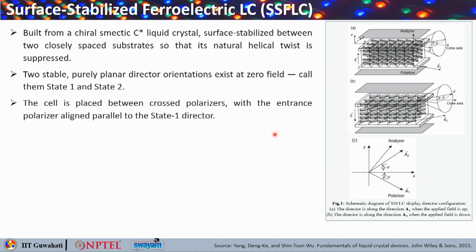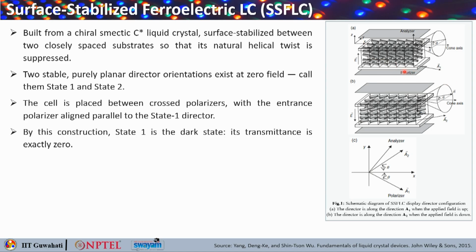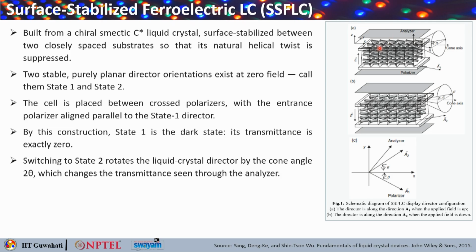The cell is placed between crossed polarizers, and with the entrance polarizer aligned parallel to the state 1 director, the analyzer blocks the light. So by construction, state 1 is the dark state and the transmittance is exactly 0.